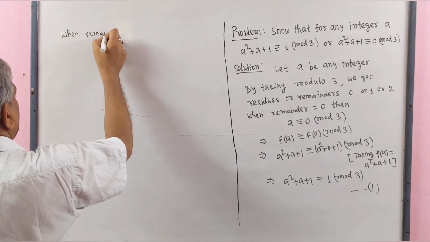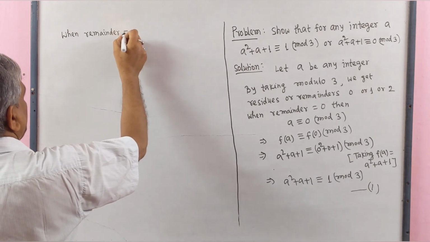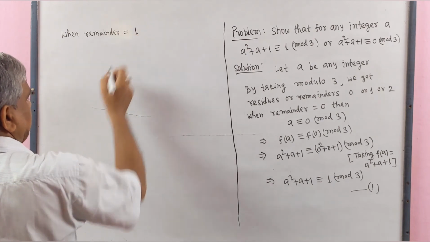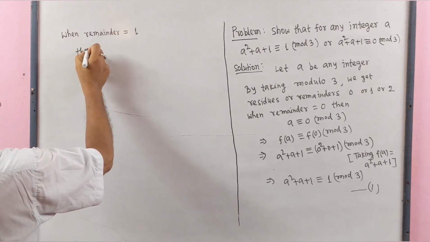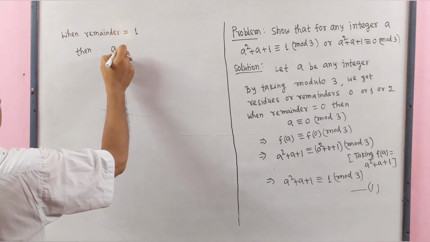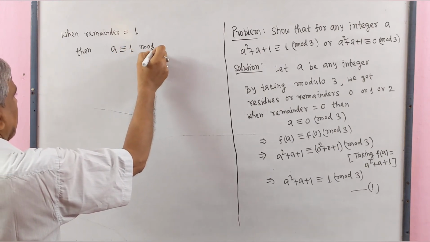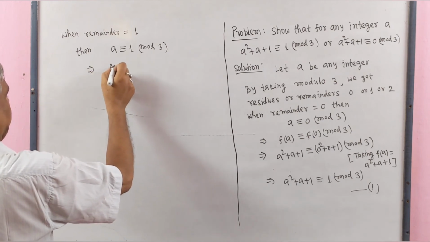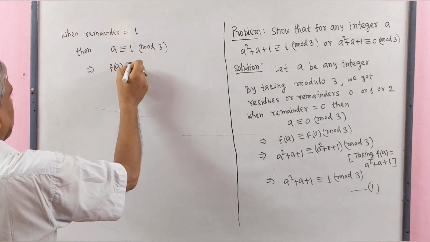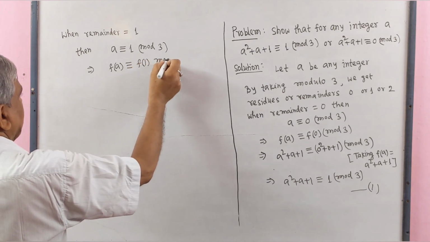When the remainder equals 1, then a is congruent to 1 modulo 3, implies that f(a) is congruent to f(1) modulo 3.